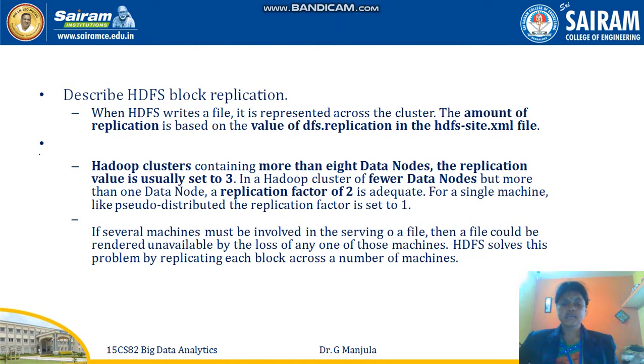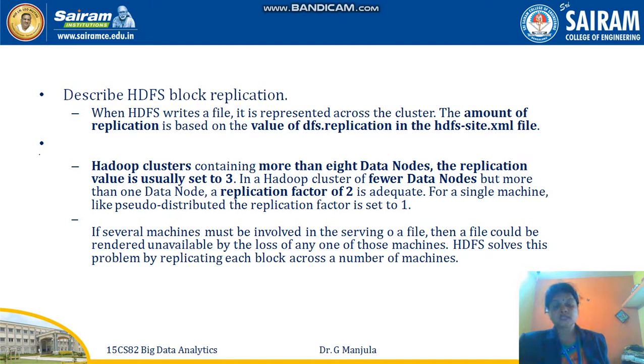So the same data duplicated more than one time is called replication, and it is stored in terms of blocks of data. This is the topic we want to learn here: what is meant by HDFS block replication, why we have to store it, why a backup is needed, and what is the use of this backup data.